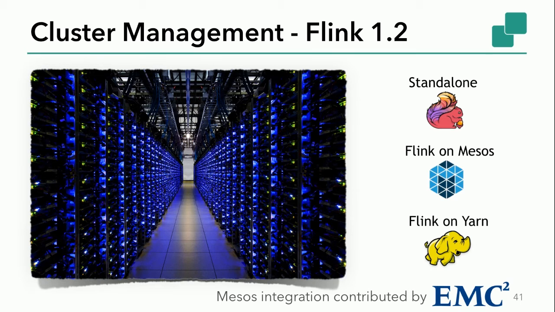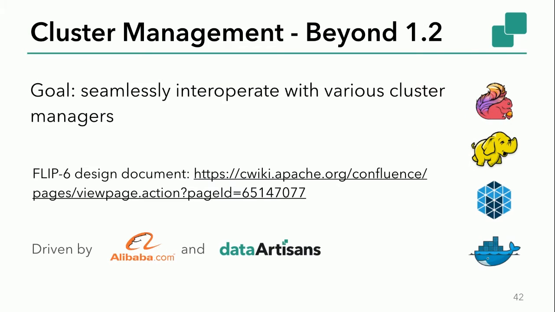It's not able to take advantage of the dynamic resource allocation that really would be possible. So the goal with the cluster management work we're doing in FLIP-6 is to be able to seamlessly take advantage of all the features available in all these different cluster frameworks. And that's proven to be quite a challenge. So I'll tell you a bit more about it.